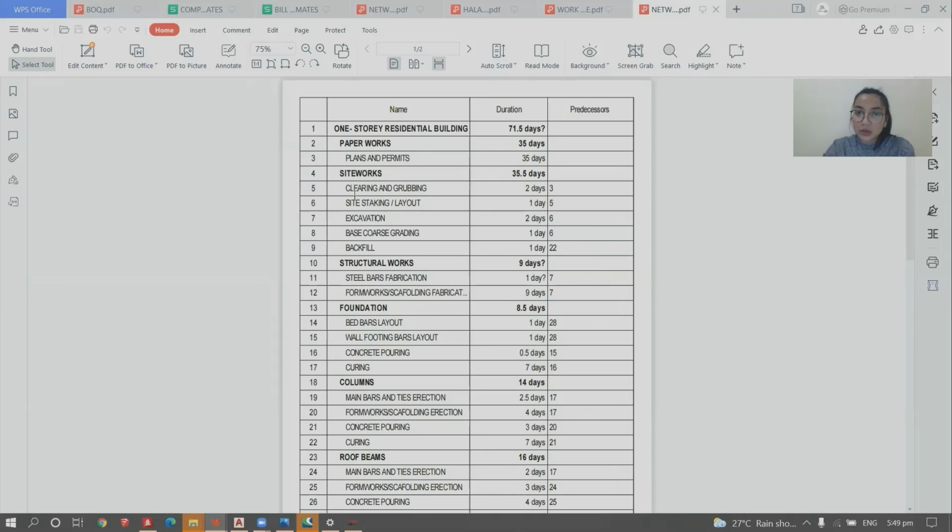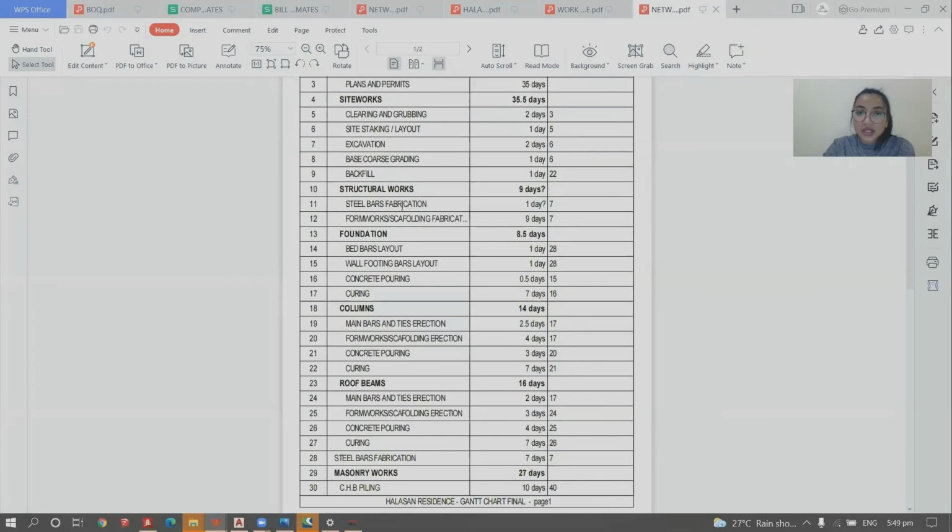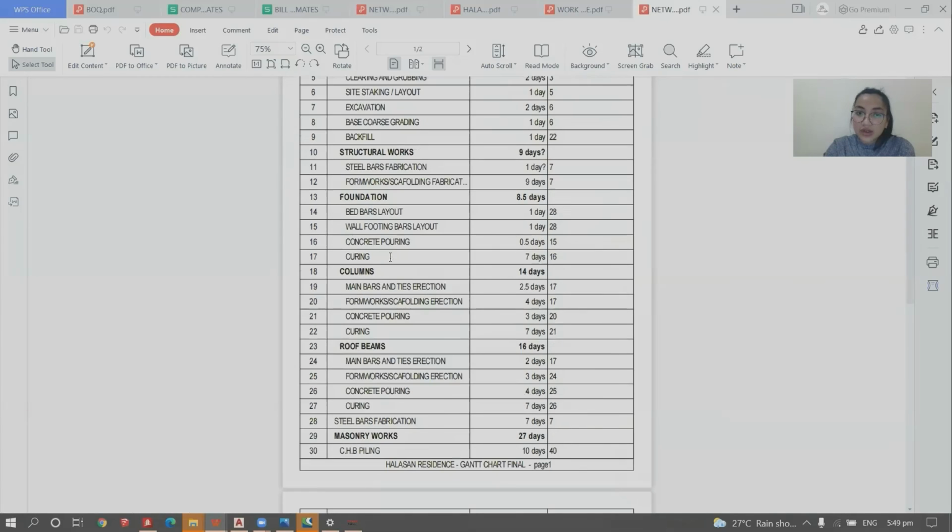Then under site works, we have clearing and grubbing, site staking, layout, excavation, base course, grading, and backfill. Then under structural works, we have steel bars fabrication and formwork scaffolding fabrication. Then under foundation, we have bed bars layout, wall footing bars layout, concrete pouring and curing. For columns, main bars and ties erection, formwork scaffolding erection, then concrete pouring, curing.